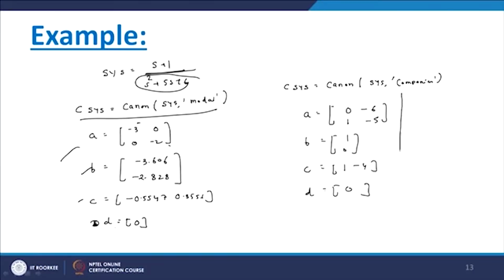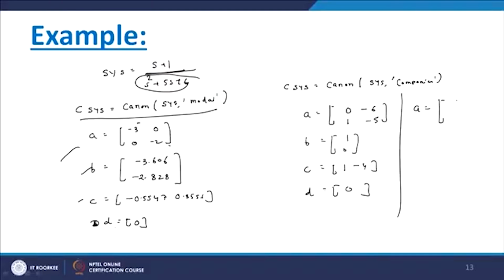That is, if you go through the actual model and manually determine the companion form, or what we call controllable canonical form, you will get A matrix as 0 1, -6 -5, B matrix as 0 1, C matrix as 1 1 and D matrix equal to 0.